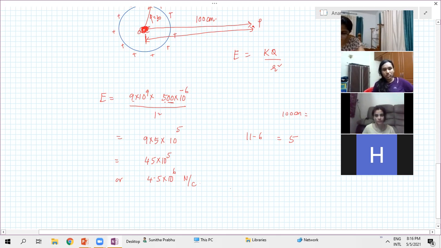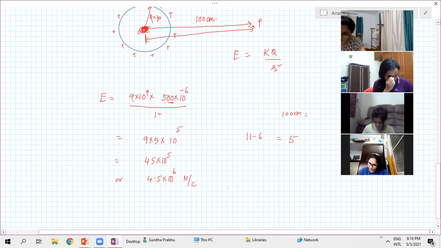Where did you go wrong, Anna? I don't know, for the denominator, I wrote 100 square, but in the next line, I wrote 9 for some reason. Don't do such mistakes, okay? So it should be 4.5 into 10 raised to 6 Newton per Coulomb.